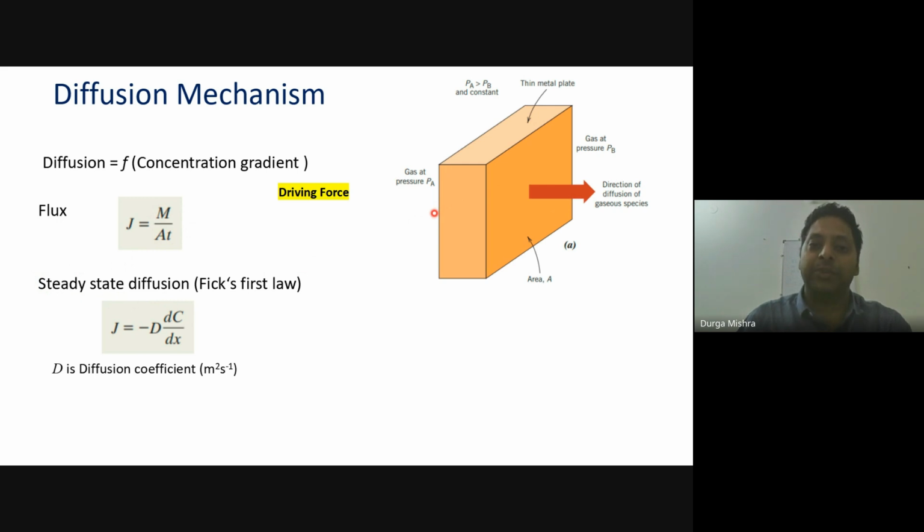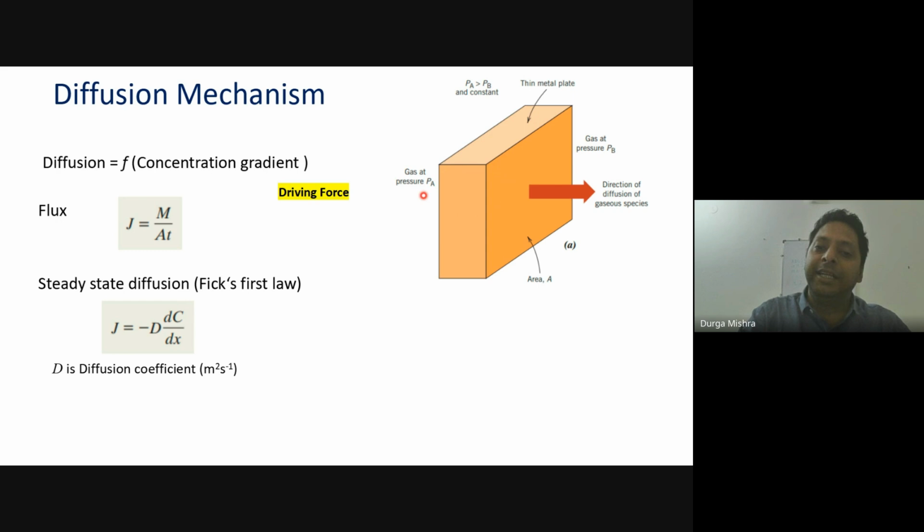A steady state means that some number of atoms or gas molecules enter on this side, and the same number of atoms come out on side B. No atoms will be accumulated within the thin metal.